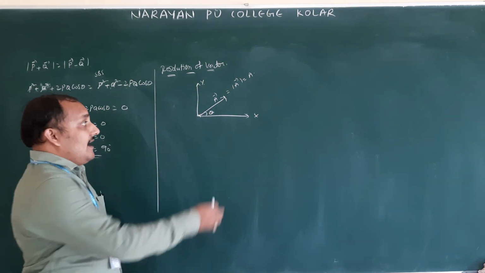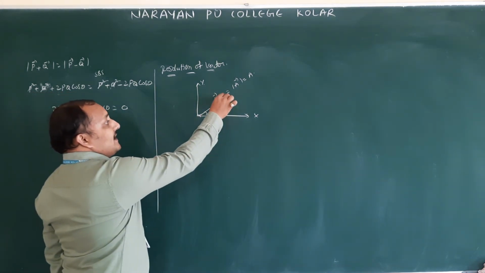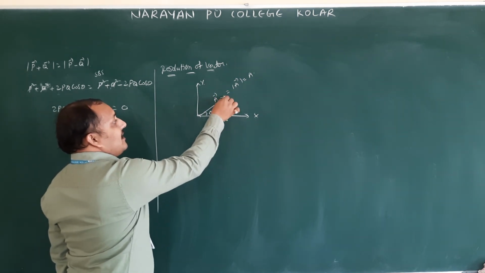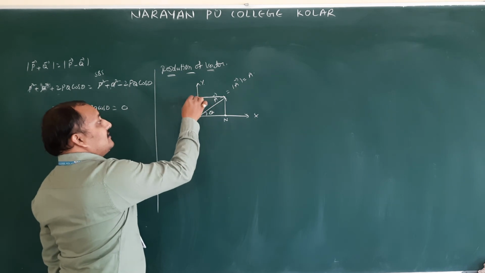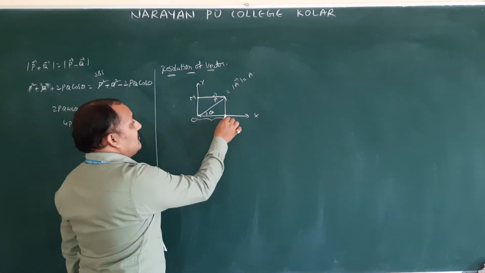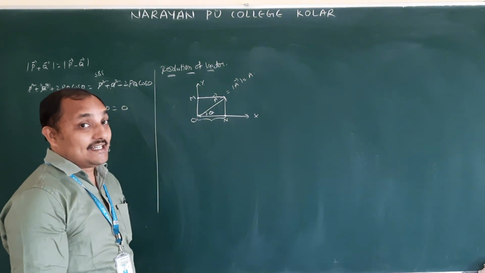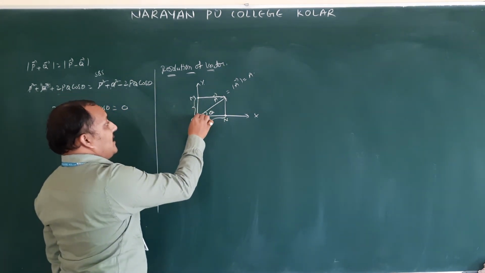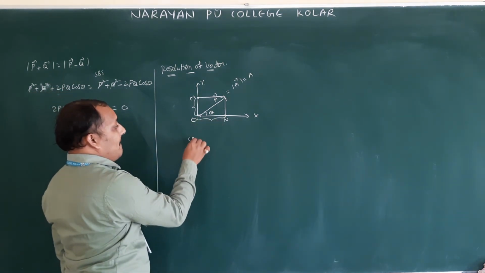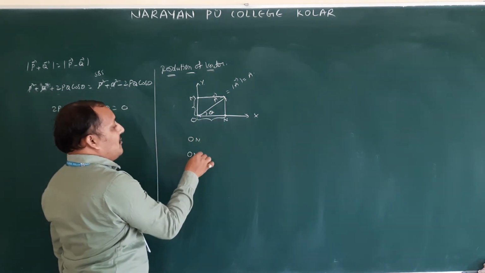Then how will we resolve this vector into two components? Draw one normal onto the x axis, this is one. Draw one normal onto the y axis. This is, let us assume, M. So OM we will call the x component, and OM we will call the y component. Now what is OM?